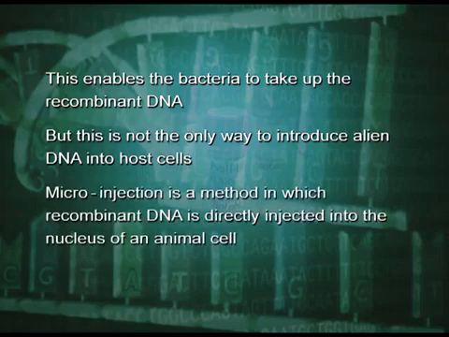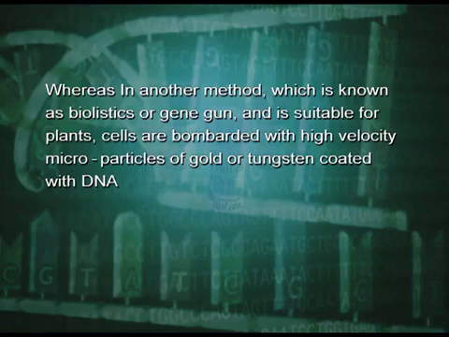Microinjection is a method in which recombinant DNA is directly injected into the nucleus of an animal cell, whereas another method, known as biolistics or gene gun and suitable for plants, bombards cells with high velocity microparticles of gold or tungsten coated with DNA.